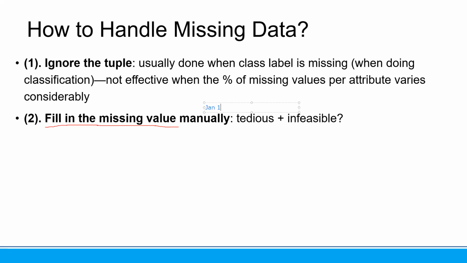I put January 1st intentionally, because if it is missing, I cannot do the data analysis. But I can fill it in manually, based on my understanding. It is tedious, which means time consuming, and infeasible, because if all the data are January 1st, what happened?